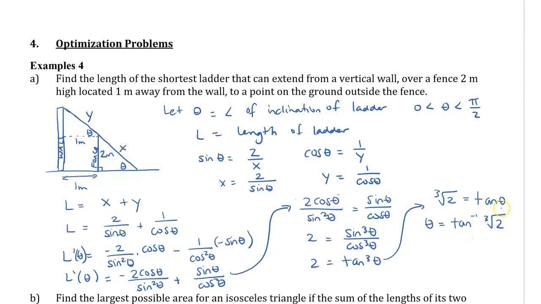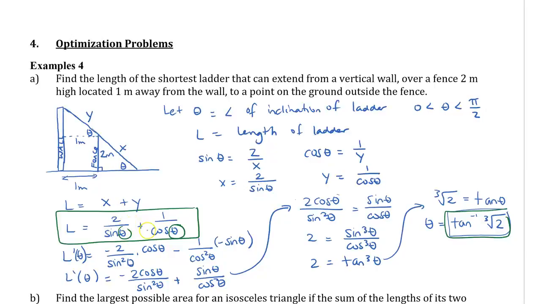So now that we know what this is, I can actually plug this value in. I'm going to plug this in all the way back to theta here and here, where L is equal to this expression.